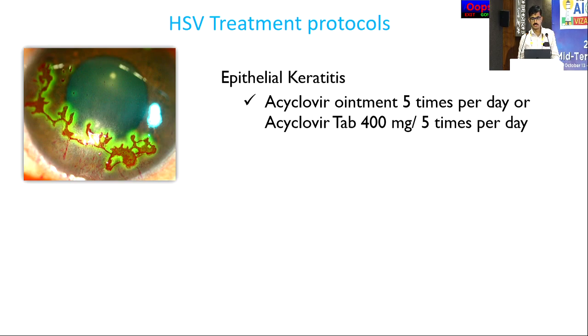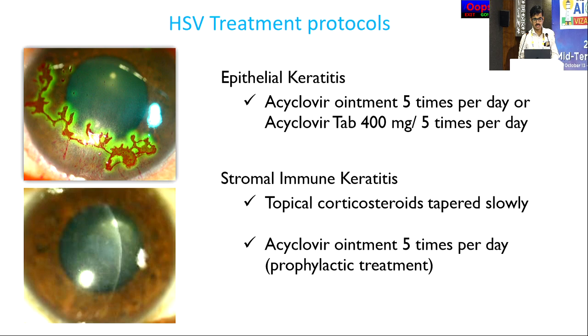I prefer in epithelial keratitis, topical should be fine. Whereas in a case of stromal immune keratitis, the main problem is the immune reaction, so topical steroids play the main role and the antiviral role is questionable. The antiviral role is mainly prophylactic. You have to prevent recurrences; even according to the HEDS study, to prevent recurrences we have to use antivirals.